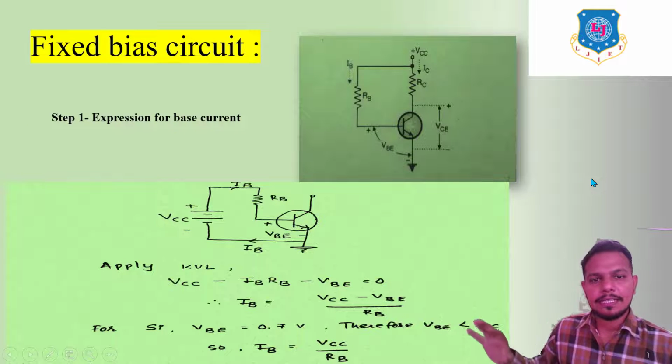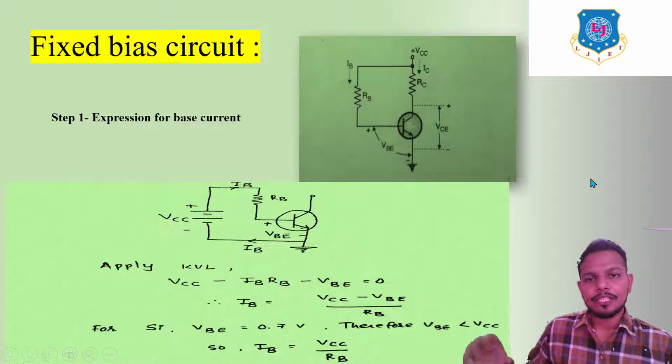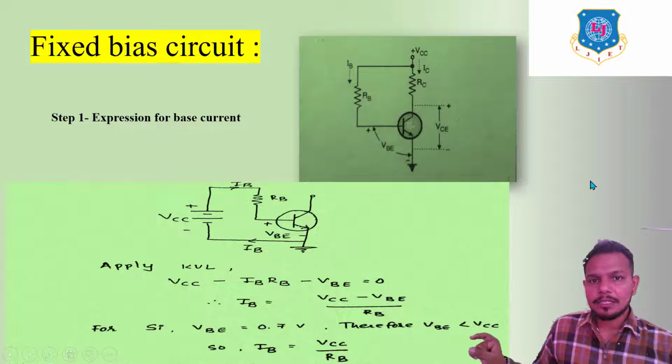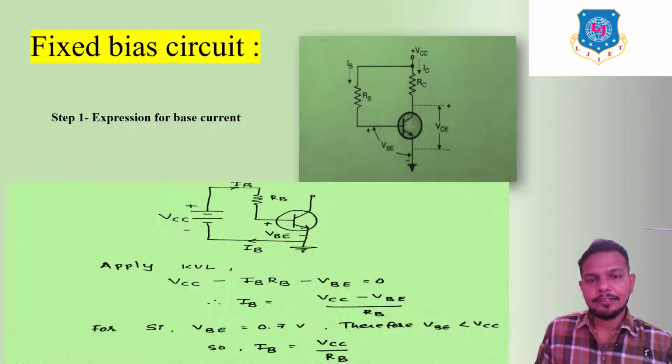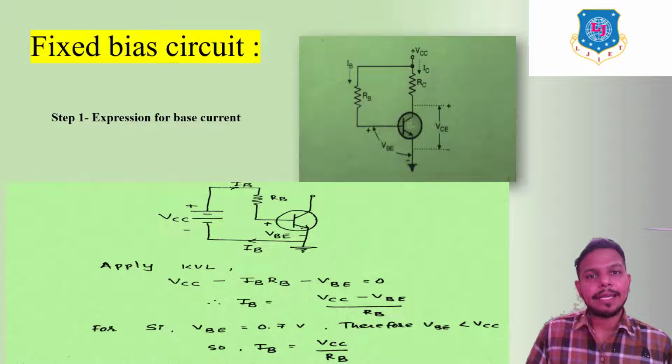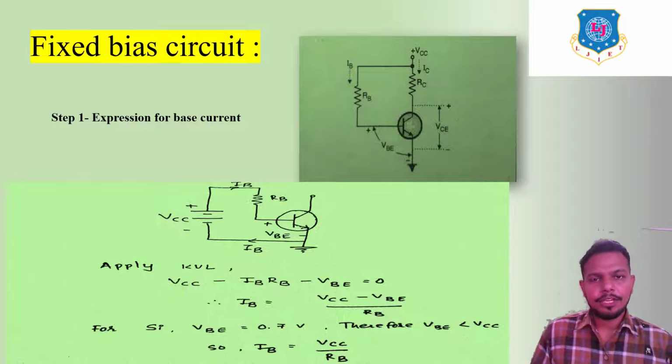fixed bias circuit. Here we can see the circuit diagram of the fixed bias circuit, in which the bias terminal is connected with the collector side. For these 4 stabilization techniques, we have to solve mathematical expressions, right? So first, the fixed bias circuit. In this theory we have to solve 3 steps.